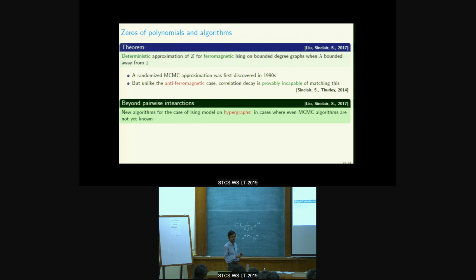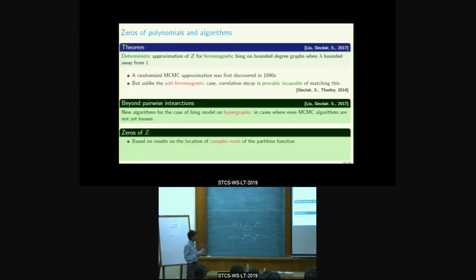So no Markov chain Monte Carlo based approach is known when the order of the interaction becomes bigger than 2. So when you have at least 3 vertices interacting, it's not clear how to use MCMC, but this algorithm generalizes that. And it's going to be based on results on the location of complex roots of the partition function.